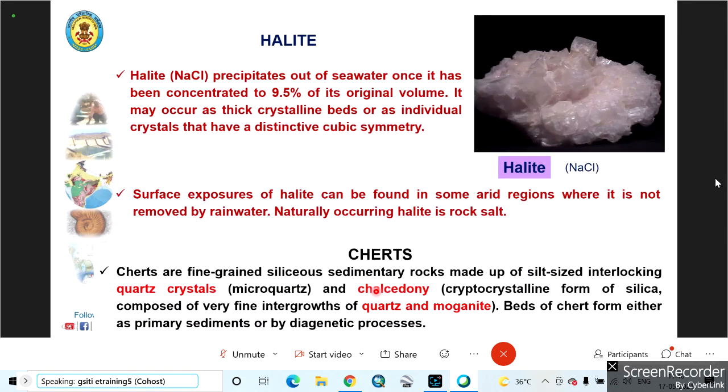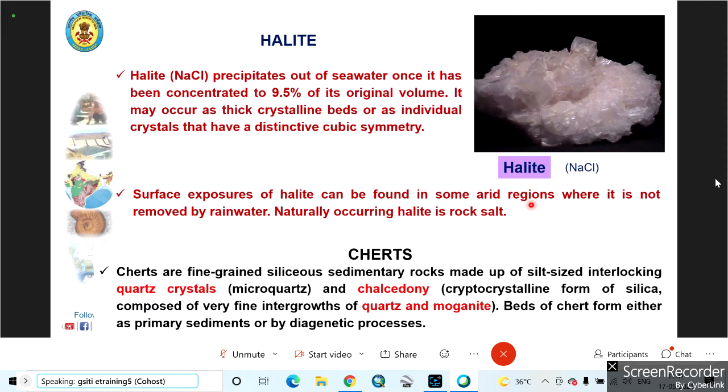Next rock is the halide, that is NaCl, that precipitates out of seawater once it has been concentrated to 9.5% of its original volume. It may occur as a thick crystalline bed or as individual crystals that have a distinctive cubic symmetry. And surface exposure of halide can be found in some arid regions where it is not removed by the rainwater.